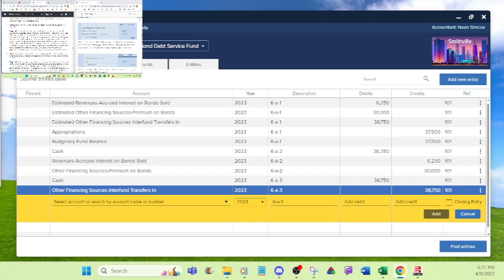You're making everything confusing by doing one fund at a time when one transaction affects multiple funds, so you may as well just do all the entries for all the funds at once. Okay, so that's the governmental activities. The entry is going to be weird.